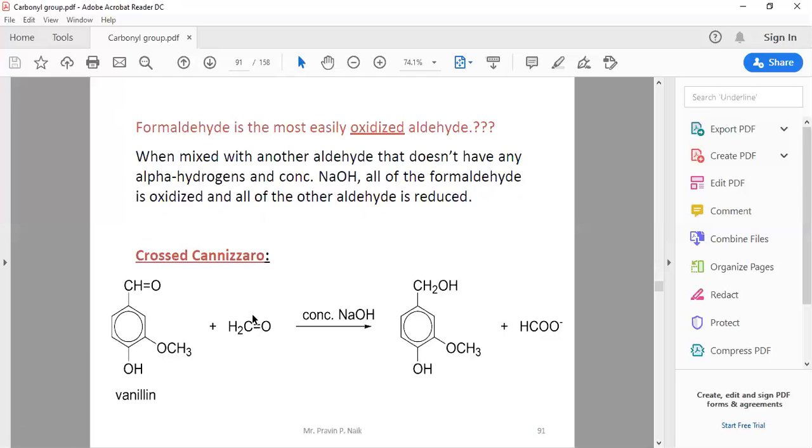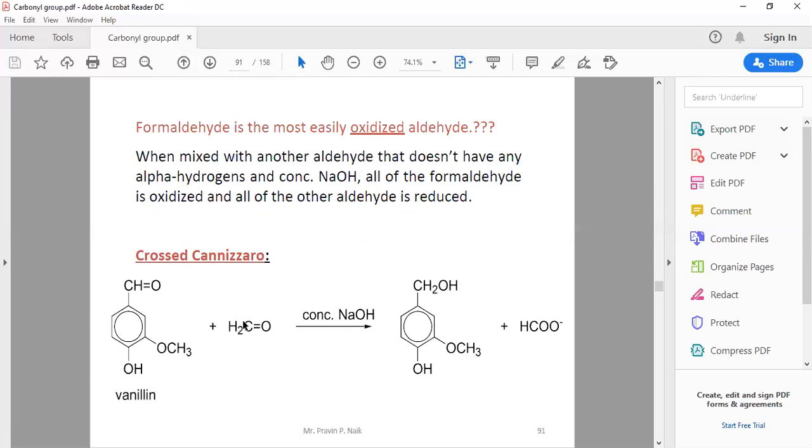While in the case of formaldehyde, there is no such environment around it, and therefore when the nucleophile comes close to the electron deficient carbonyl carbon, this is possible in formaldehyde. So the nucleophilic attack happens in formaldehyde and does not happen in vanillin.